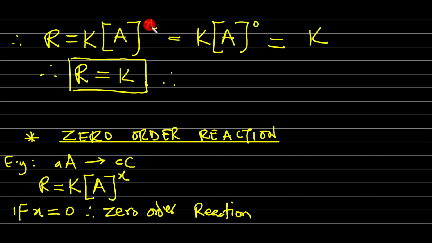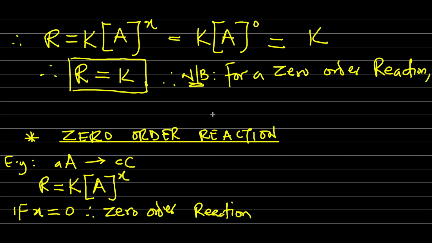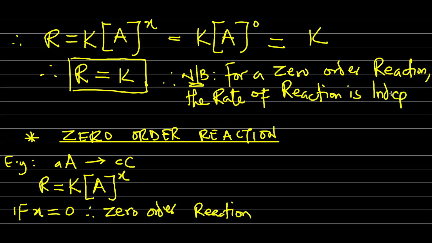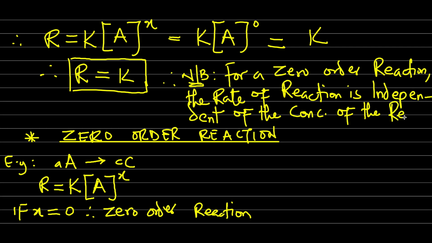If x equals 0, everything here will be equal to 1, and 1 times K is K. So you realize that for a zero order reaction, note, the rate of reaction is independent of the concentration of the reactants.